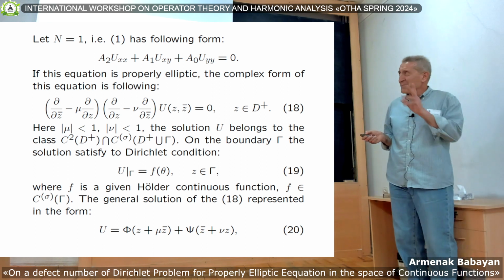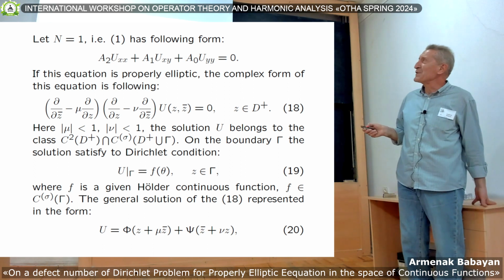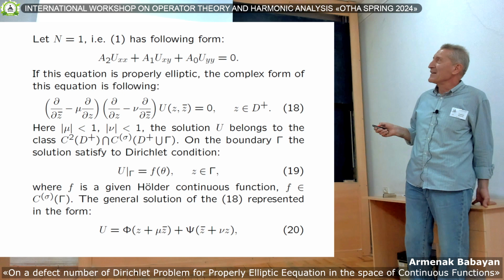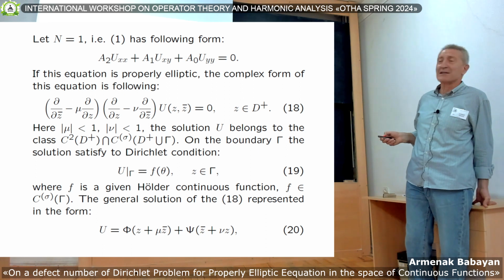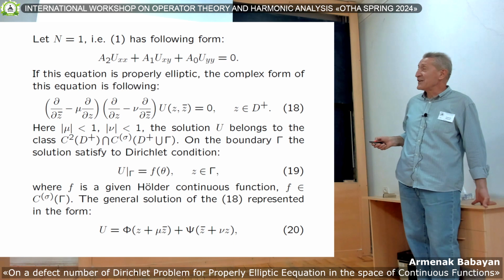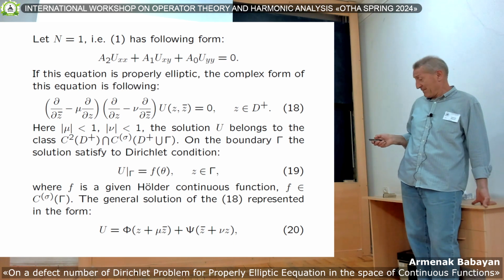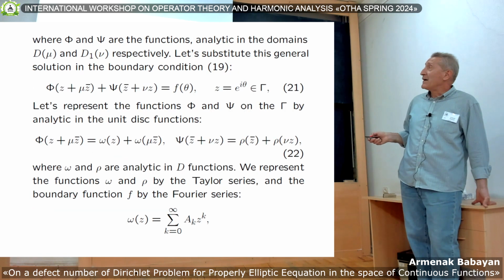So if you consider a second order equation, the equation is the following, and the continuous function will be this one. So the general solution is this one, and the Dirichlet condition has the following form.